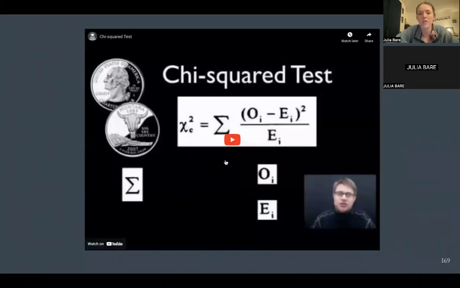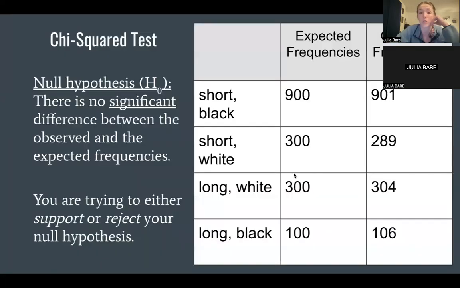All right. Now, this is a great summary of the chi-squared test that Bozeman does. I encourage you to go back and watch this video on your own. Okay. Now, in order to do the actual chi-squared test, we have to form a null hypothesis. Now, we've talked about null hypotheses in my class before, but just in case you forgot what a null hypothesis is, it means that there is no significant difference between the observed and expected frequencies.